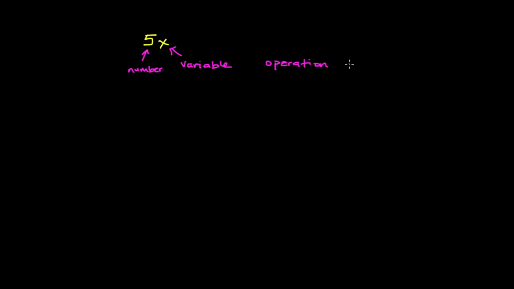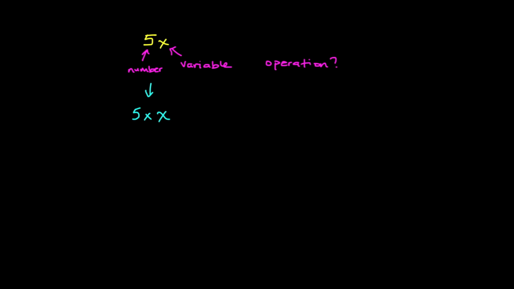And this operation is not really clearly shown when writing 5x. But technically, one of the things that we learn in algebra is that whenever you have a number and a variable or a letter, multiplication is usually written a little bit different. So technically, this expression right here, 5x, could be written as 5 times x.